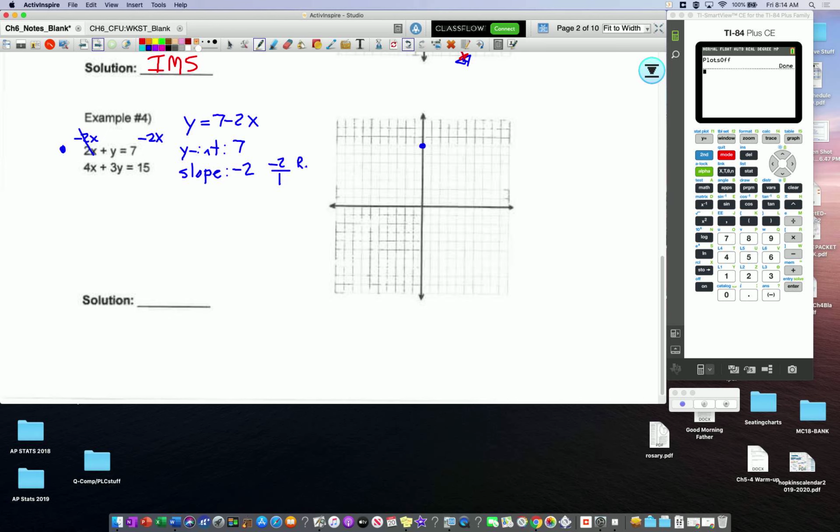So I'm going to rise, meaning I'm going to go down 2 as I run to the right 1. So down 2 to the right 1, and I can continue that process. I'm going pretty far so that I get a good idea of what my line looks like.